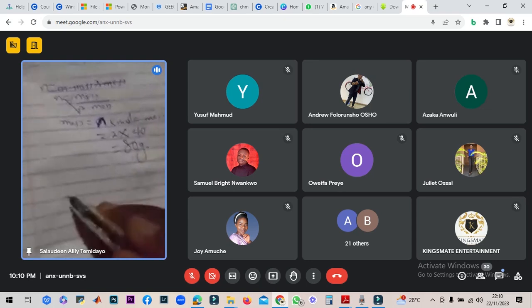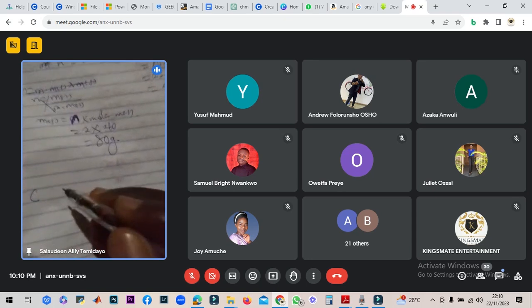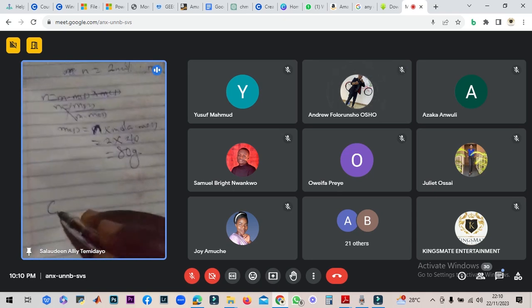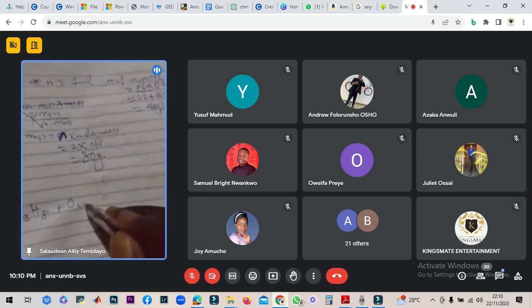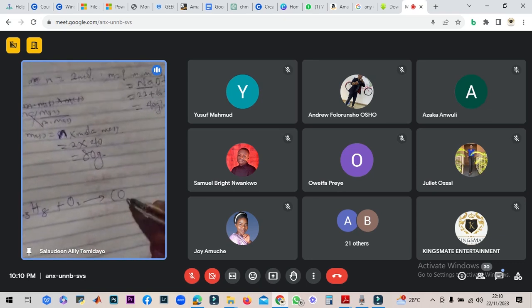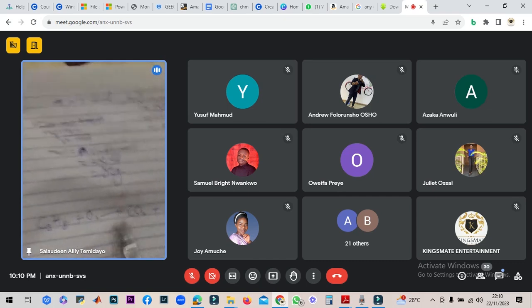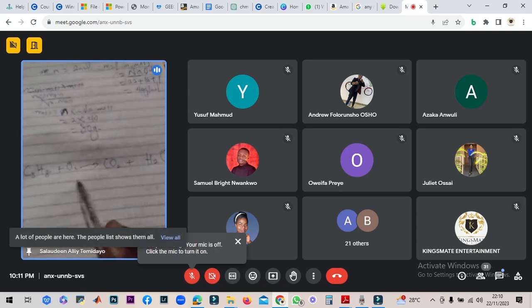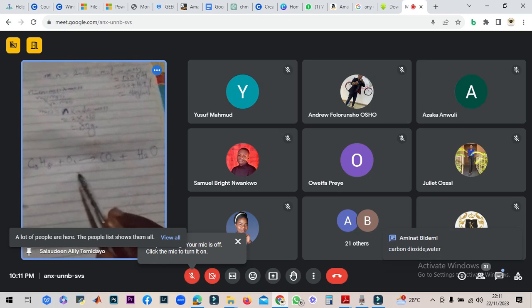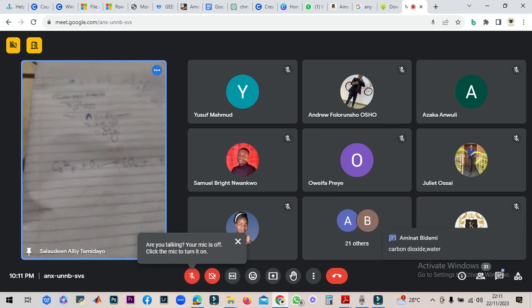The formula: alkane is CxHy, but propane is C3H8, plus oxygen gas gives CO2 plus H2O. That is carbon dioxide and water. You can balance your own equation by yourself. Carbon dioxide and water.